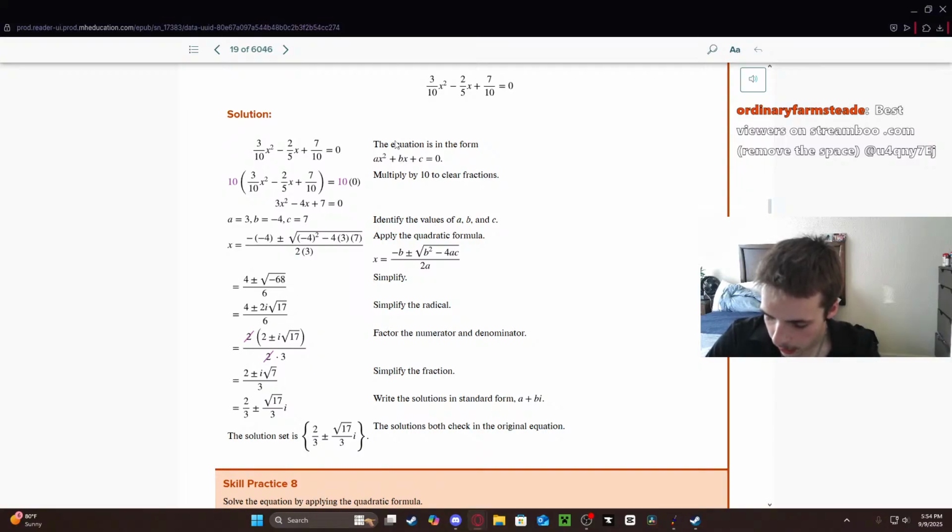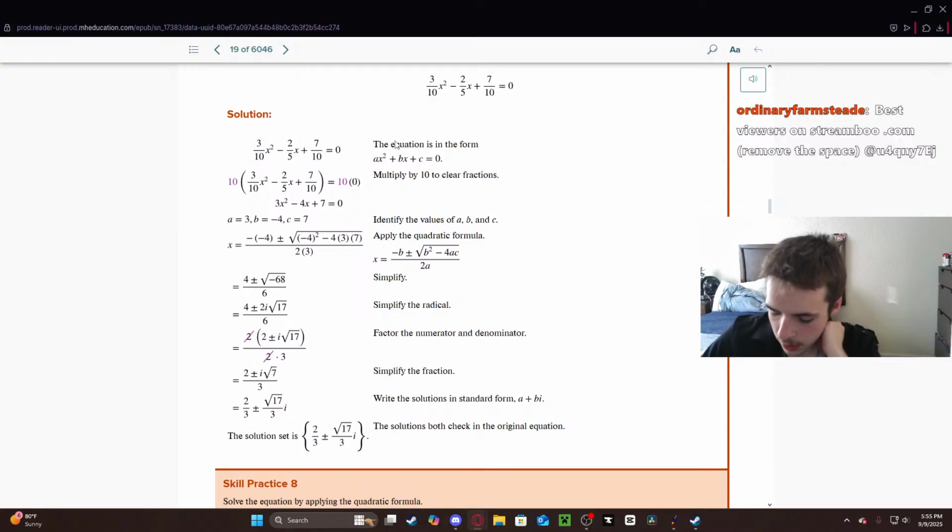Then we multiply both sides by 10. We get 3x squared minus 4x plus 7, which means a equals 3, b equals negative 4, and c equals 7.